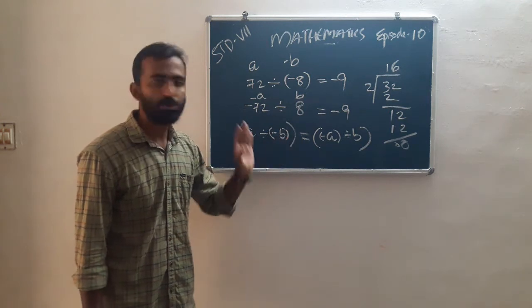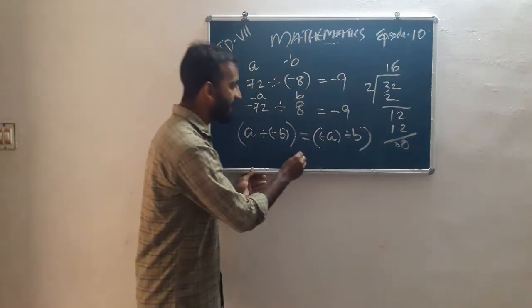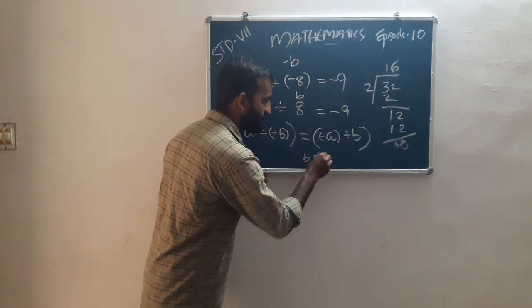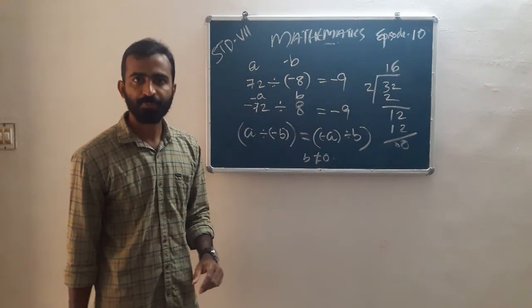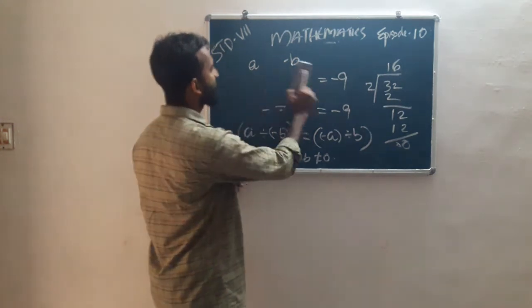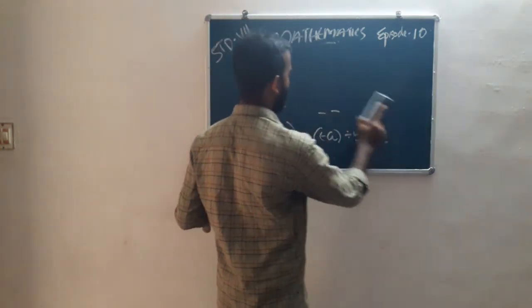Here B is not equal to 0. Why is B not equal to 0? Because division by 0 is not defined.